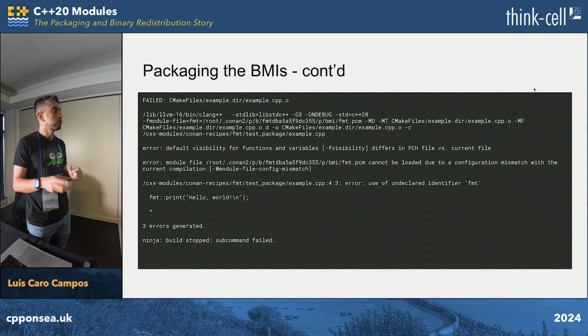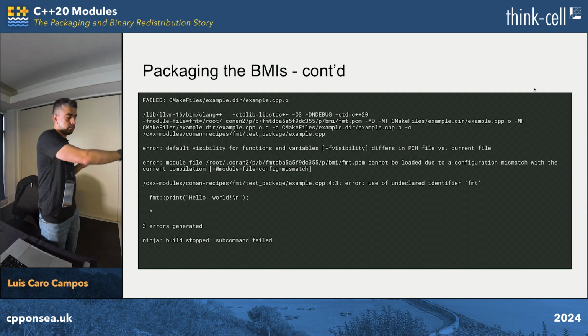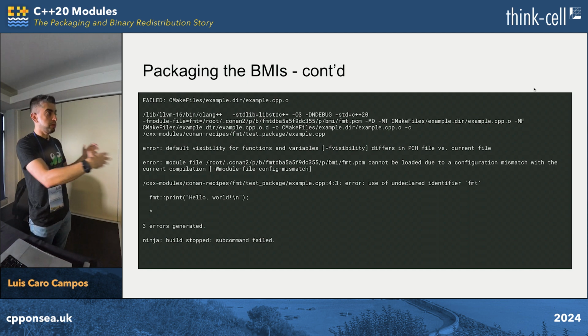And the reason it didn't work, and this is something I mentioned earlier, which is in the documentation of Clang: the fmt build scripts, when you're building the shared library, pass the visibility hidden flag when compiling it. And then the BMI, when you're building the library, is going to have this embedded in the BMI information, but when you're consuming the library, you're not supposed to have visibility hidden passed to your file.